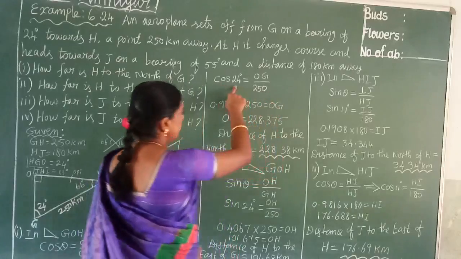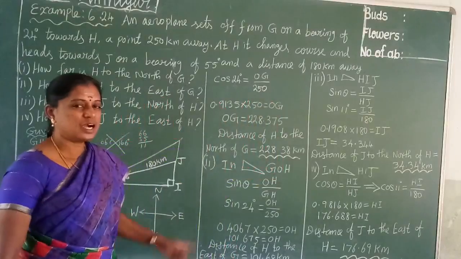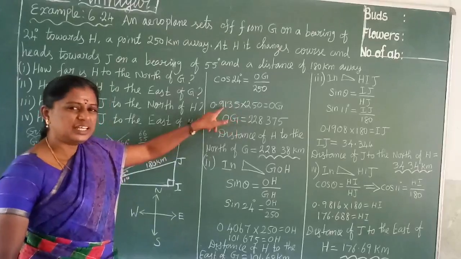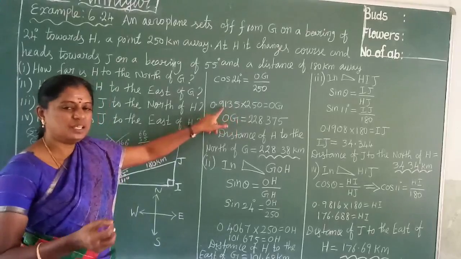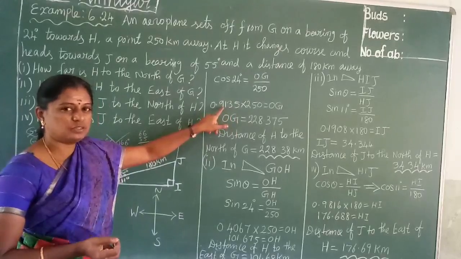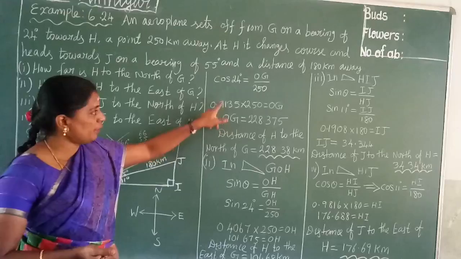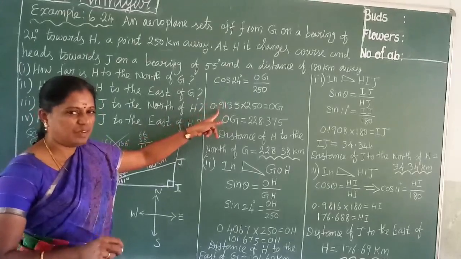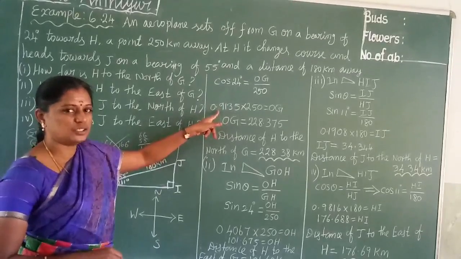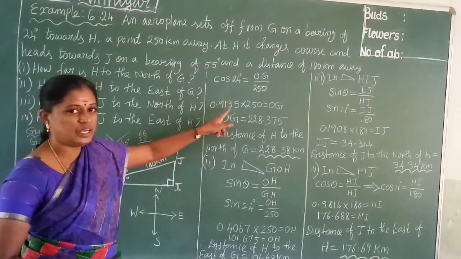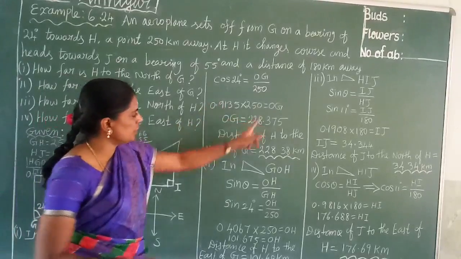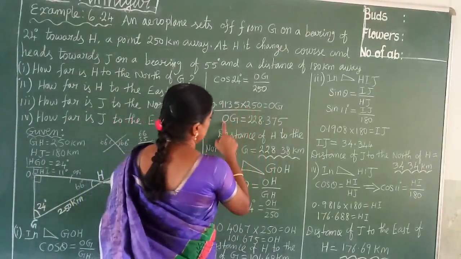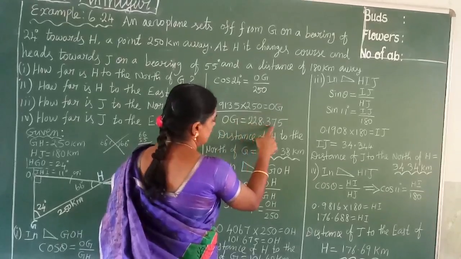So cos 24 degree is already given in the question itself: 0.9135. For 30, 45, 60, 90 degree we use the table value, as we already learned. But if in-between values are given, the question itself mentions the value. So here also they mentioned cos 24 degree is equal to 0.9135. So 0.9135 into 250 is equal to OG. This is ordinary multiplication. Multiplying, we get OG equal to 228.375.